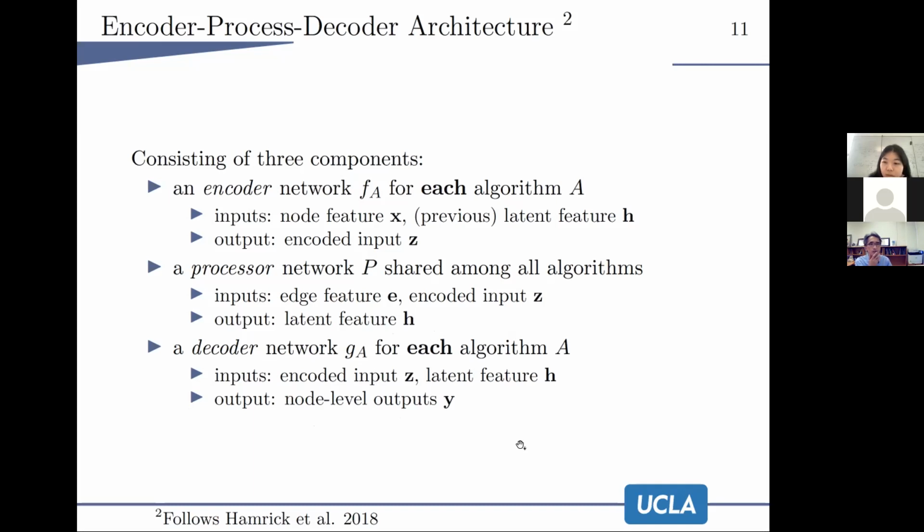Patricia, what is the encoded input? No, latency. Is it more like a recurrent neural network where the processor output is somehow fed back into the encoder? It is. What does previous latent feature H mean?